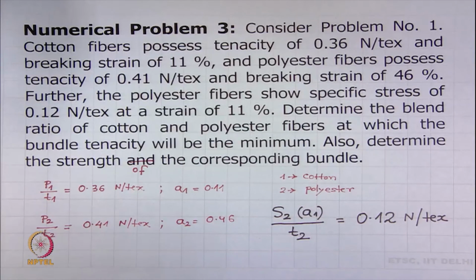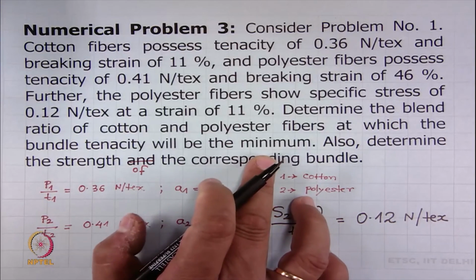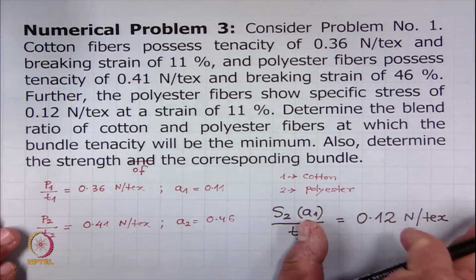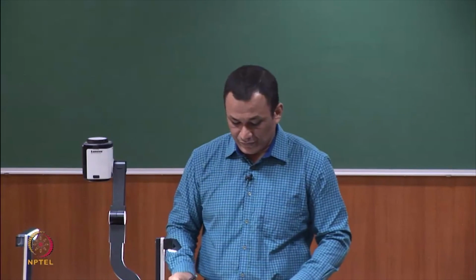So, all this information is given. We have to determine the blend ratio at which the bundle tenacity will be minimum. This we have already derived in the last class. We will straight away use the expression here.